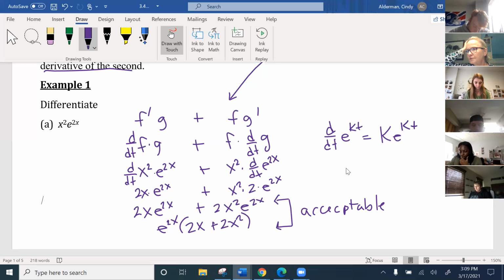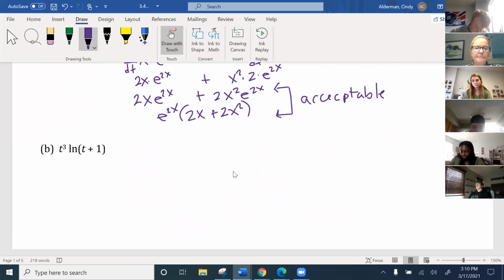I've been looking over the problems, and sometimes they will accept either one of those answers, and other times they want you to factor out the e to the 2x. So I just wanted to let you know that, because if you start doing problems and you're entering this and it's fine, and then all of a sudden they're not taking that, try just factoring out a little bit more to make it a shorter problem.